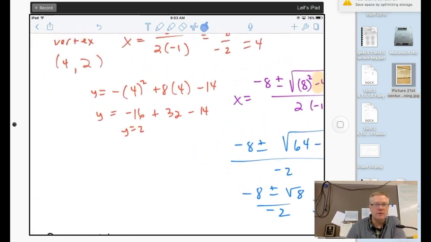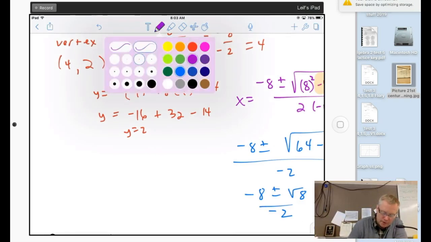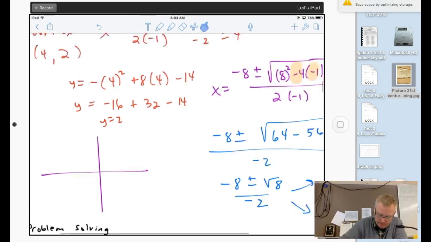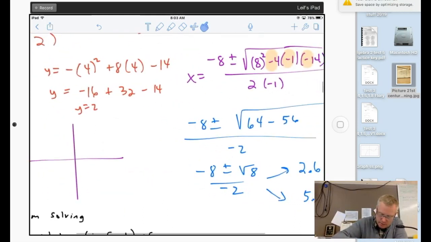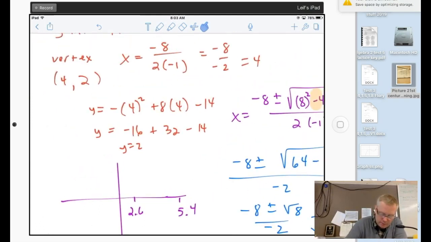Okay, so I'm going to graph this one next, and since a was negative, this is going to open down. So these are my x-intercepts, 2.6 and 5.4. And the vertex is at 4, 2.